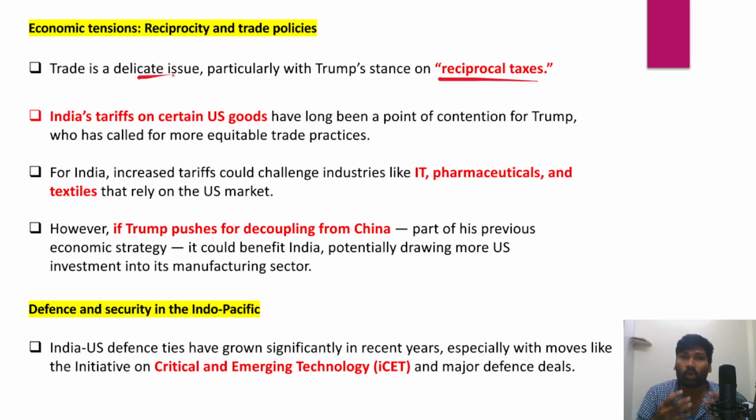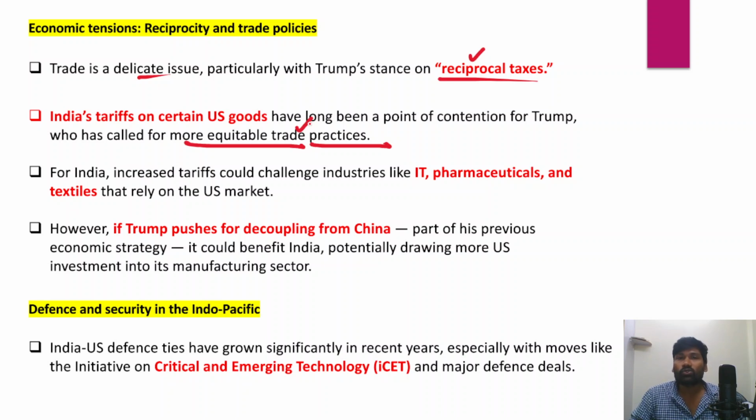In fact, Donald Trump very often calls for more equitable trade practices between these two countries. He has been emphasizing time and again reciprocal taxes, as well as equitable trade practices, and that, one way or the other, would create challenges between India and US trade.